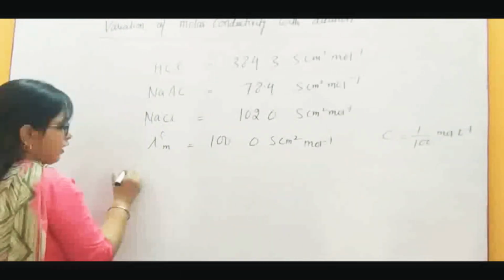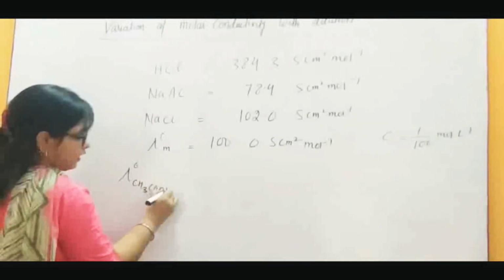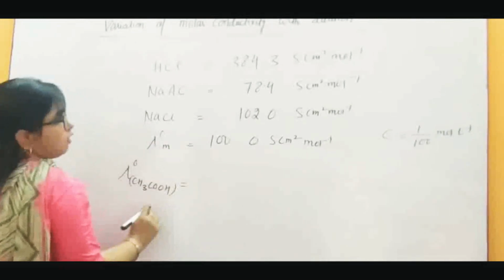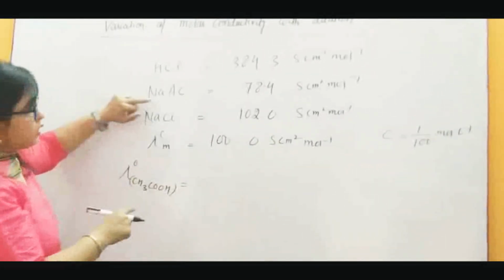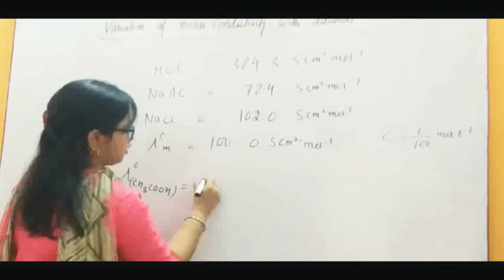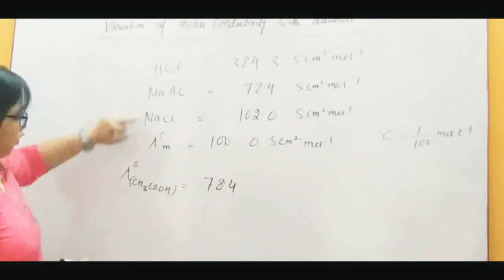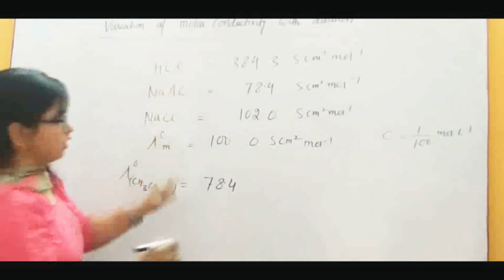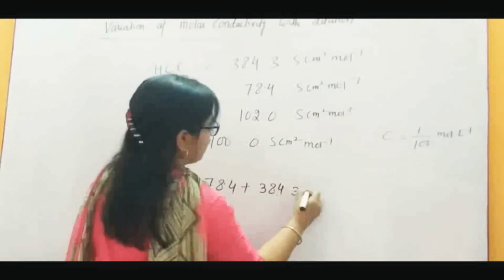So I can find out the limiting molar conductivity of acetic acid. For the acetate ion, I will take sodium acetate, which contains the acetate ion, so 78.4. And for the H plus ion, I will take HCl, so plus 384.3.